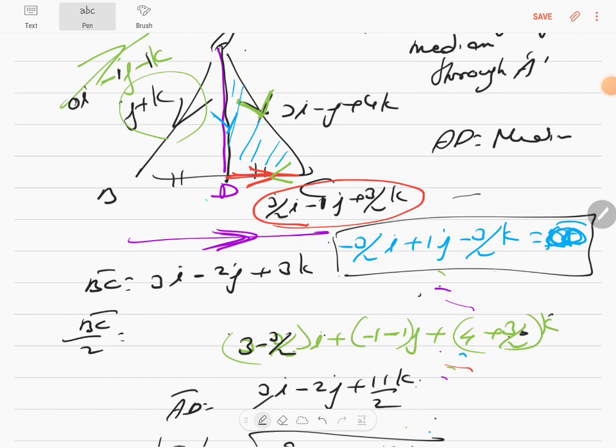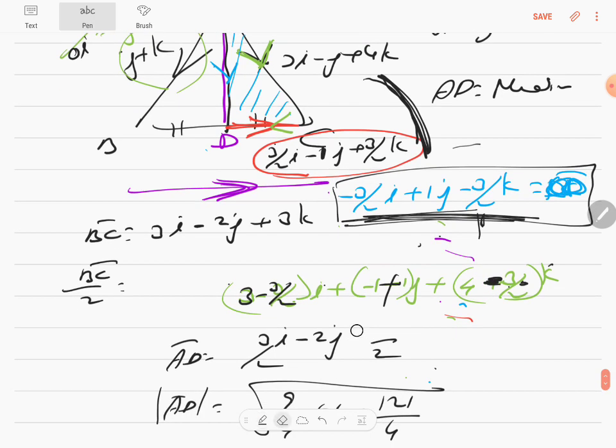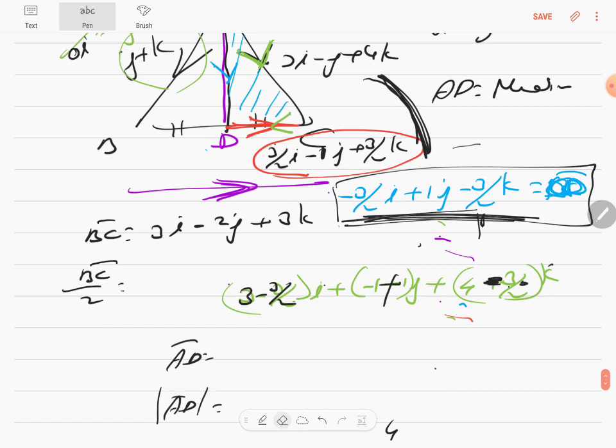So this is your vector that you have to consider, and you are supposed to add this and this, correct? So when you add, it's 3 minus 3 by 2 minus 1 plus 1, and a 4 and a minus 3 by 2, no adding. Here also I made a mistake, right? Yes or no? Because I made quite a lot of mistakes there in calculation. So this will become 6 minus 3 is 3 by 2i.